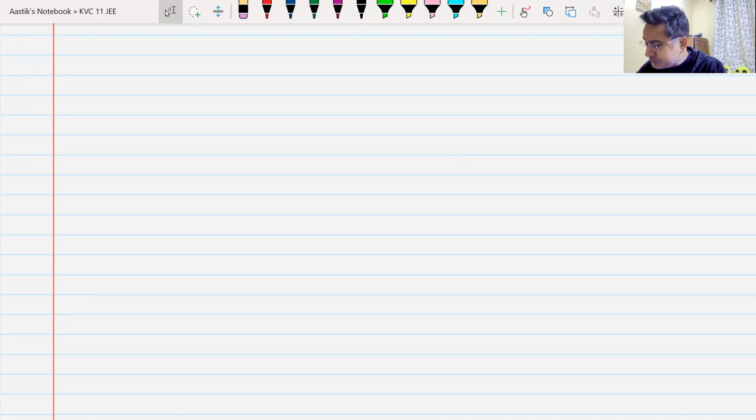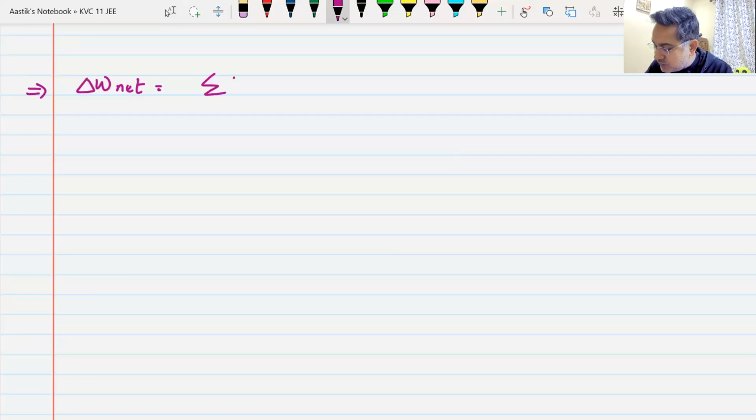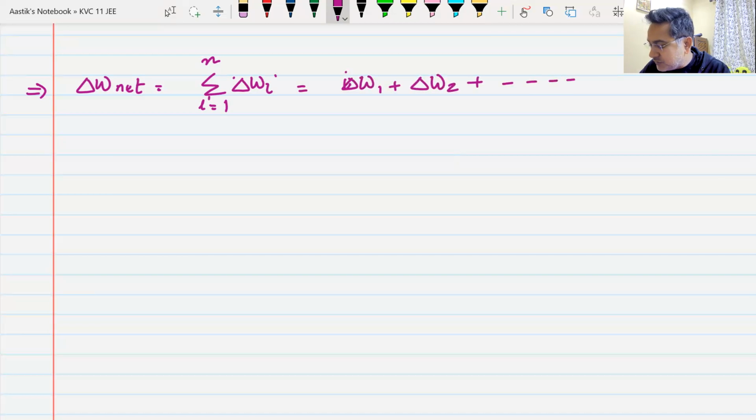Now, if more than one force is acting on a body, the net work done will be summation of Wi. You understand the meaning of what is written here? It will be work done by force number 1 plus work done by force number 2 plus and so on.